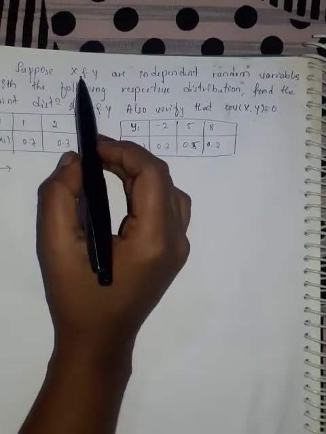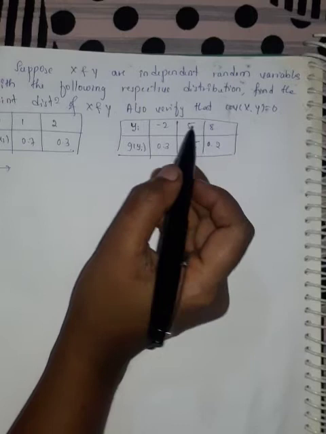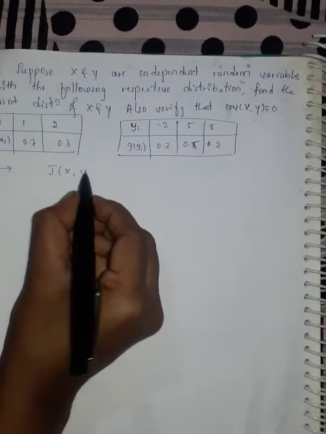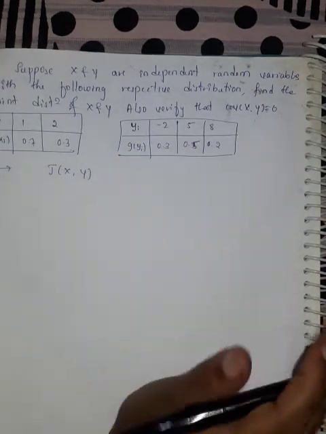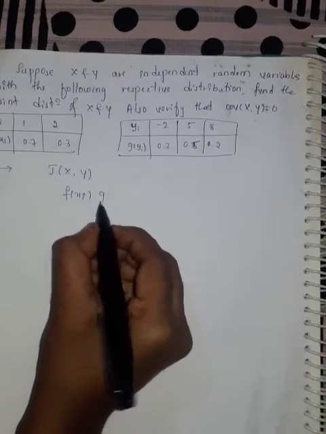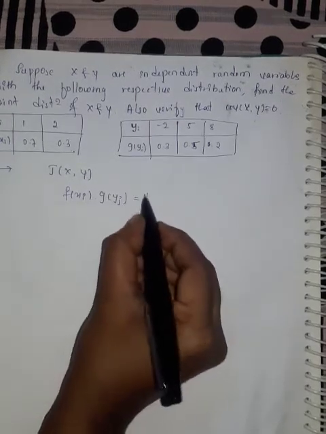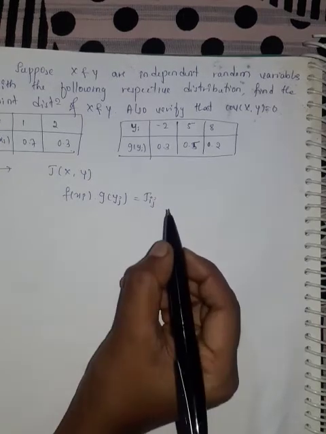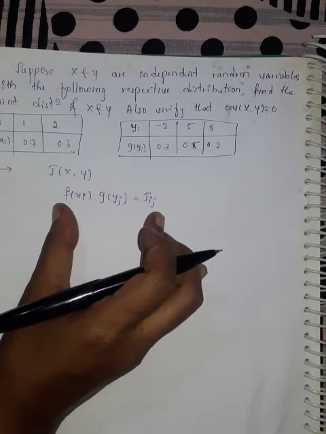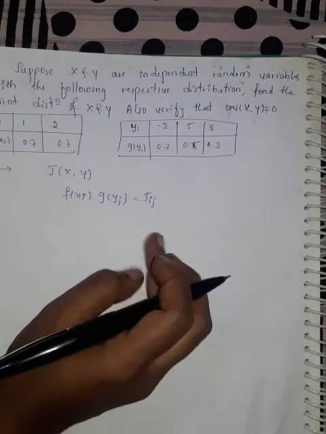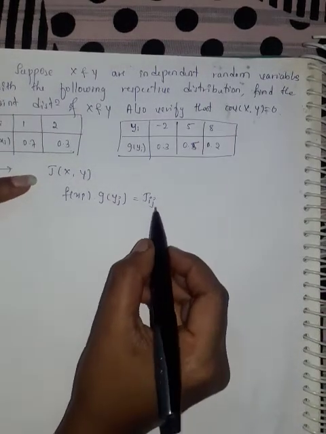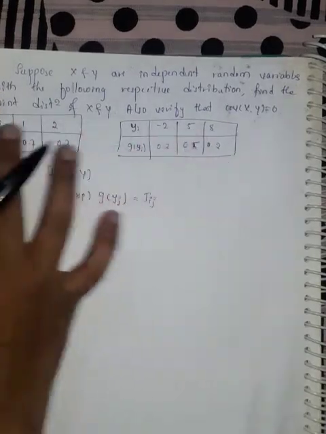Since they gave that x and y are independent variables, the joint probability distribution J of x comma y is obtained by the definition f of xi into g of yj is equal to J ij. So the joint probability distribution is obtained by this formula. These Jij's are obtained by multiplying these marginal entries.